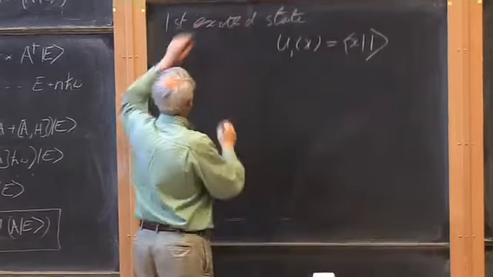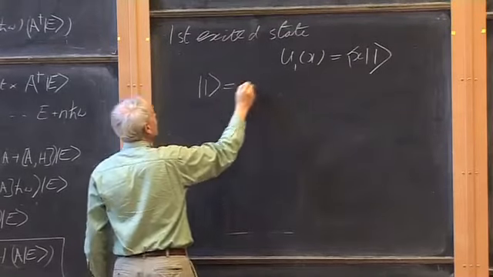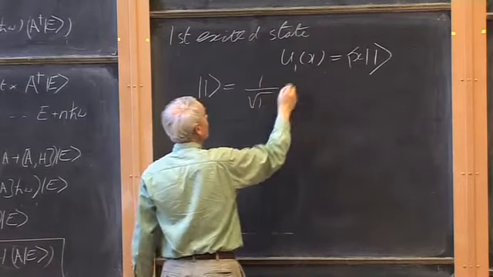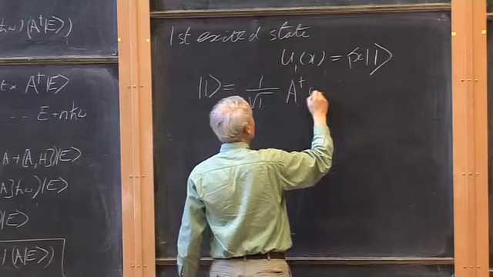And what do we know? We know that |1⟩ is equal to 1 over the square root of 1 times a dagger working on the ground state.